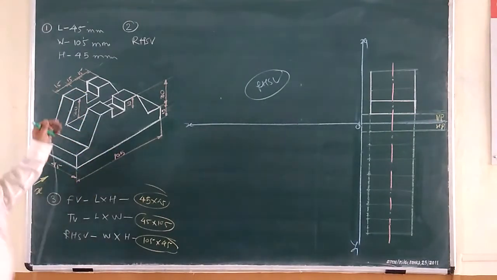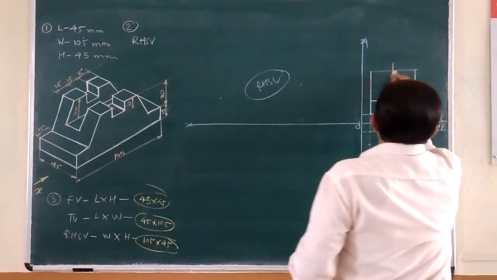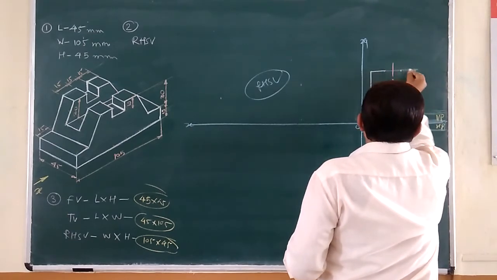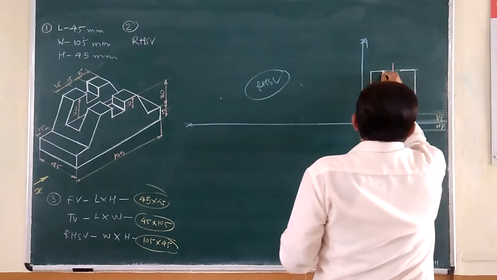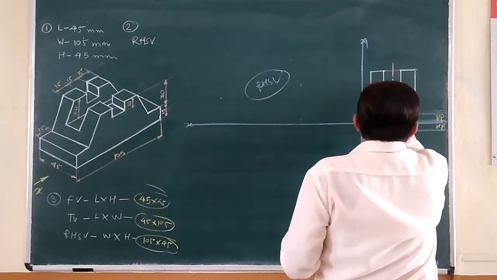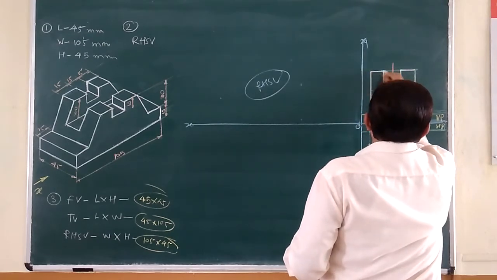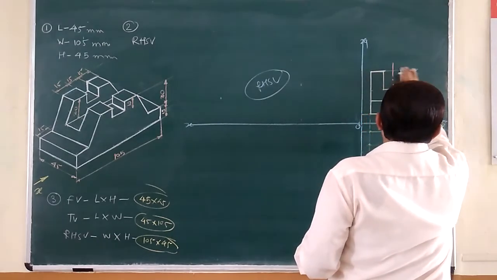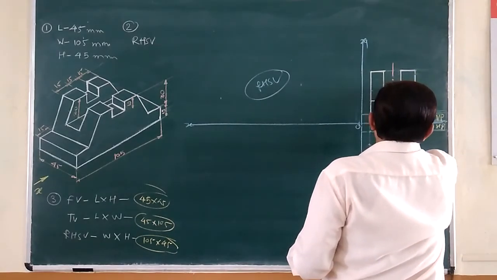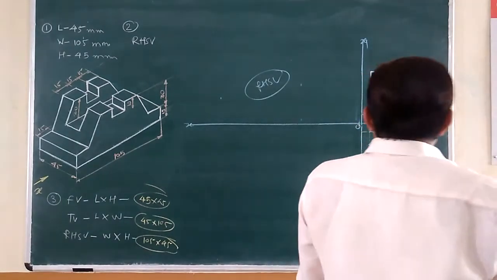The slot is also 15 mm in length. This is also 15, 15. So accordingly, from the center 7.5 on the left, 7.5 on the right. Accordingly, that slot we can show here and it will appear in this way. 20 over. This is the point. It's 28. Okay, so this is nothing but it's 22.